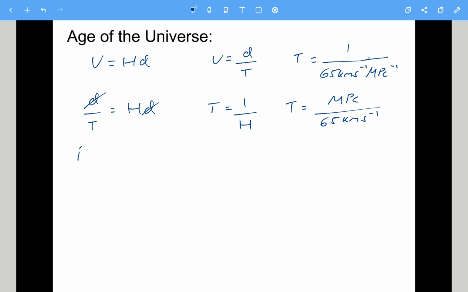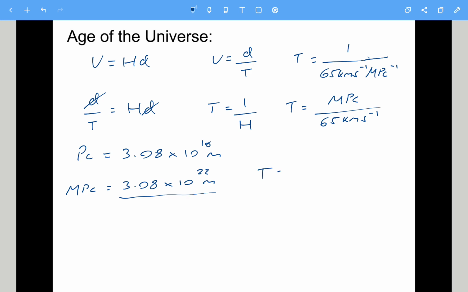So I'll do meters. So on the data sheet, you've got a parsec. So it tells you that 1 parsec is equal to 3.08 times 10 to the power 16 meters. So a megaparsec is 3.08 times 10 to the power 22 meters. So that's what we're going to use.